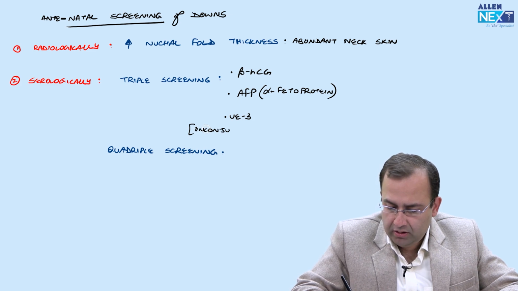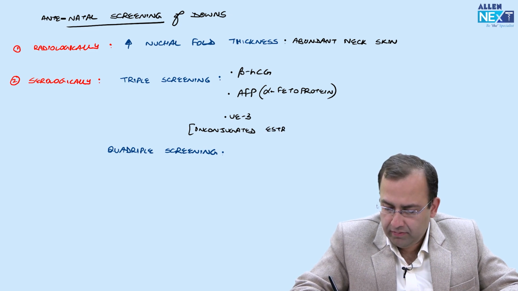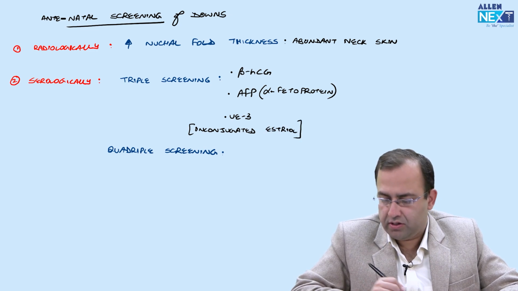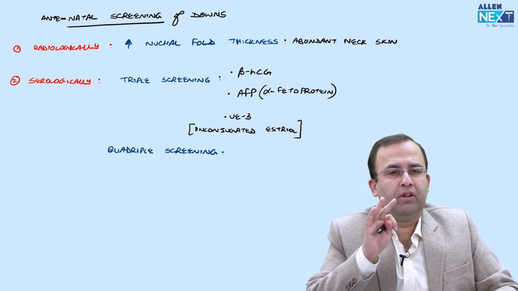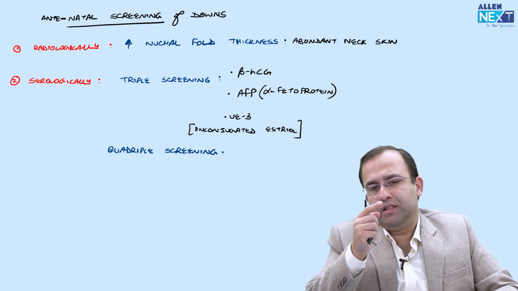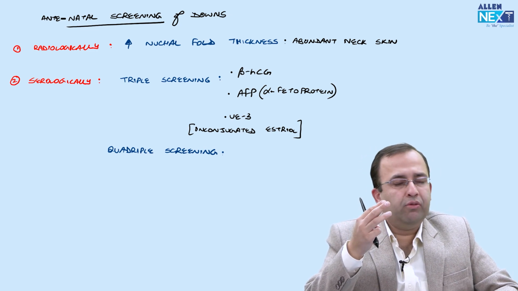So in triple screening we look at 3 markers: beta HCG, AFP, and UE3.